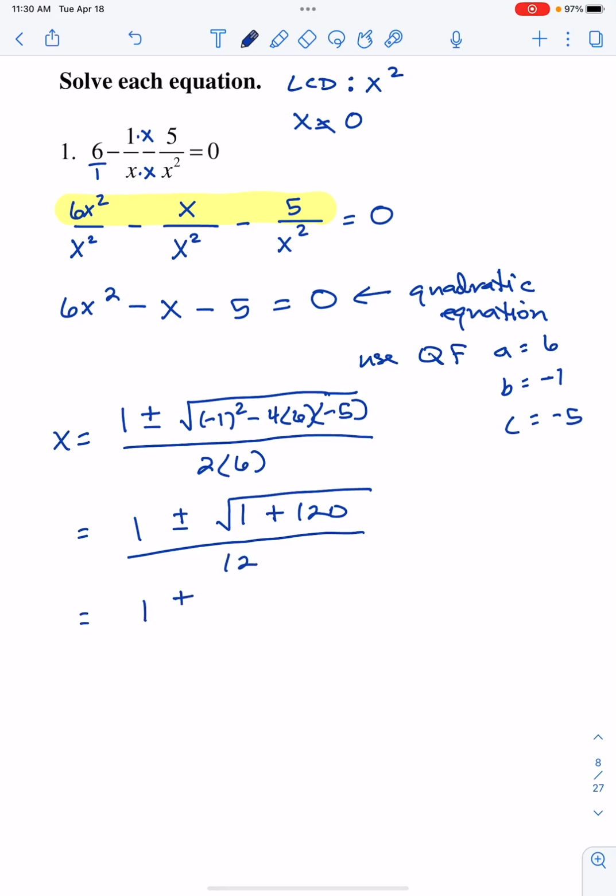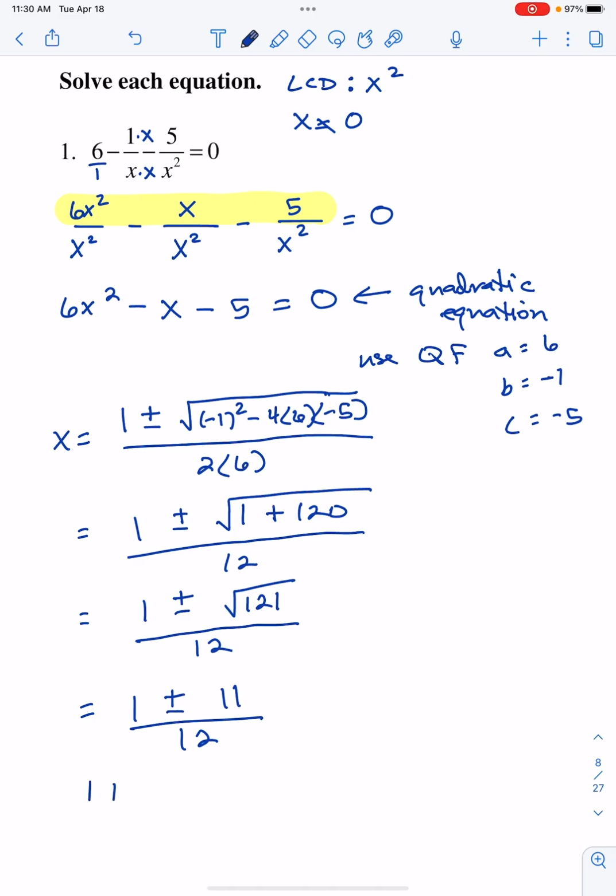You get 1 plus or minus the square root of 121 over 12. Now, 121 is what we call the discriminant, and it is an integer that is a perfect square, meaning we can fully take the square root of it. This becomes 1 plus or minus 11 over 12. Now we have to split the plus or minus into the two parts that it means.